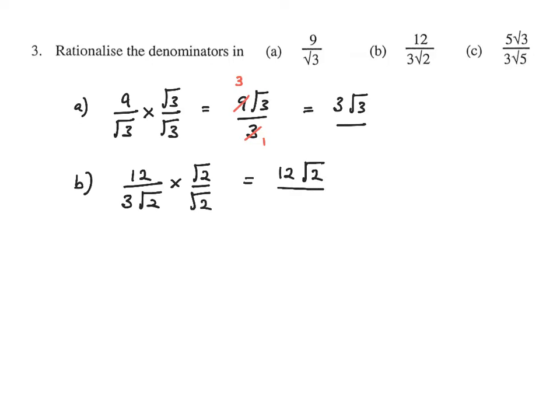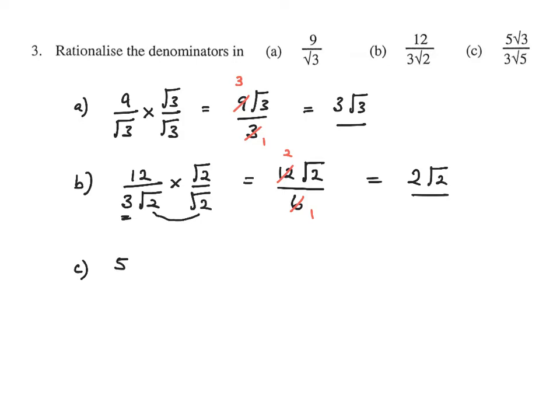Now, root 2 times root 2, these two numbers multiplied together gives me root 4 or 2, and that 2 times this 3 gives me a 6. Then I'm going to cancel down. 6 into itself goes once, 6 into 12 goes 2 times. So we have 2 root 2 over 1, which is 2 root 2.